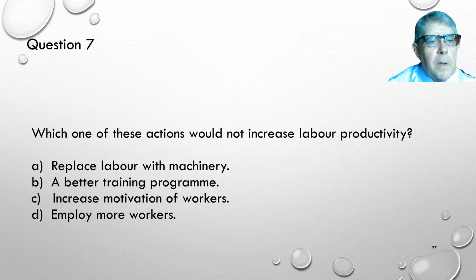Question 7. Which one of these actions would not increase labour productivity? A, reducing labour with machinery, B, a better training programme, C, increased motivation of workers, or D, employ more workers.